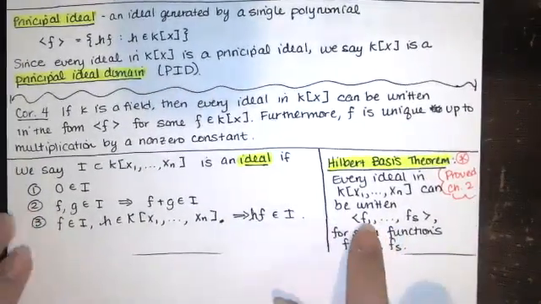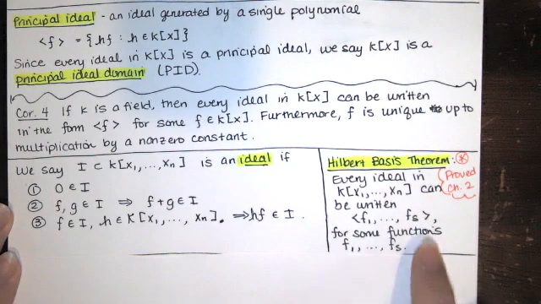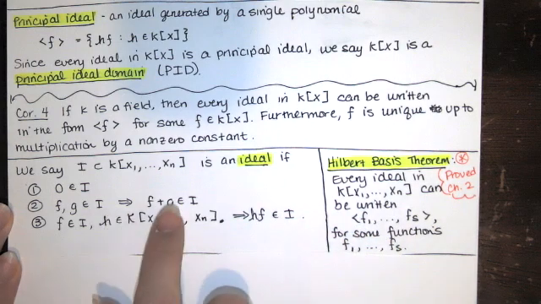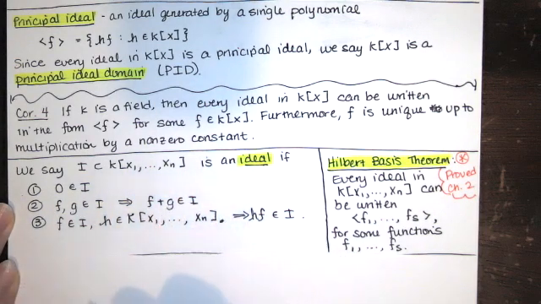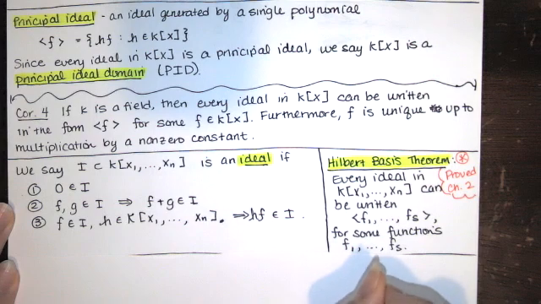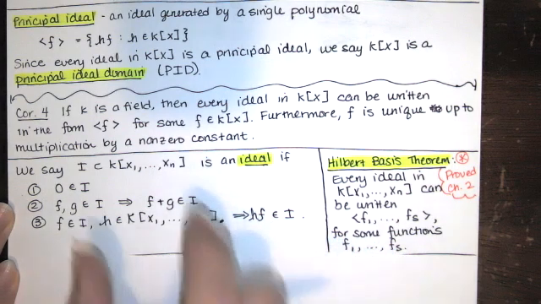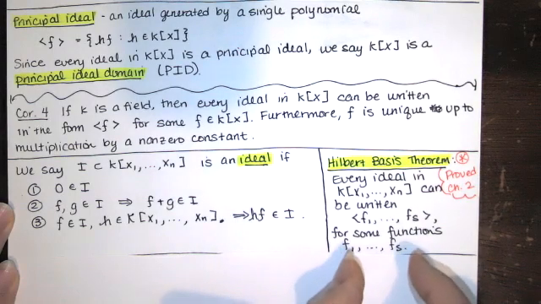And if you're talking about an ideal generated by these polynomials f sub 1 through f sub s, that's just a set that satisfies all of this. The way you can think of this is that if f sub 1 through f sub s are all equal to 0, so we take all these polynomials, we set them equal to 0, the ideal is the set of polynomials that would have to be 0 if all of these polynomials are equal to 0.